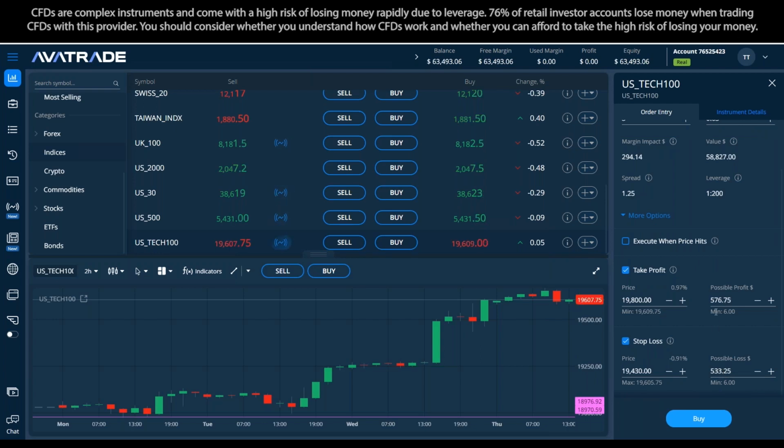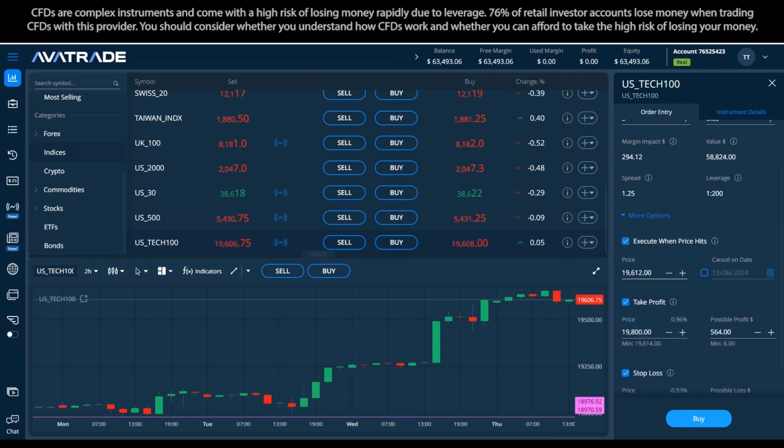Maybe I want a larger potential profit. So I might start to say, you know what? I think it might pull back before it rises. So I'm going to do a pending order, execute when price hits, if it drops down closer to that pivot level of 19,430, let's say to 19,650 even, okay?